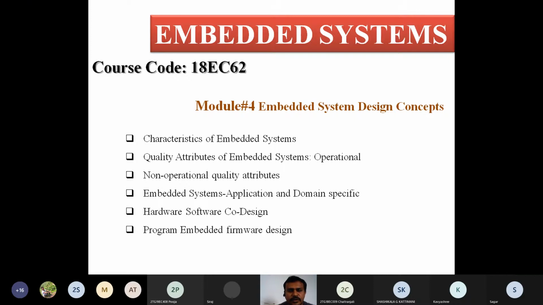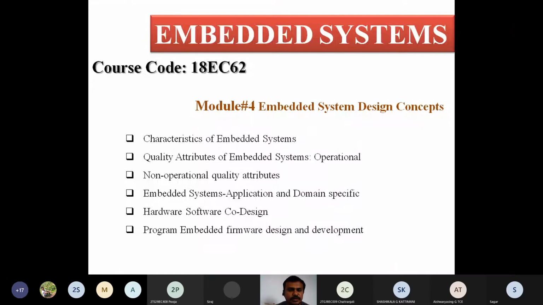In quality attributes, we have operational and non-operational quality attributes. Then we have the design of embedded system application and domain specific concepts.